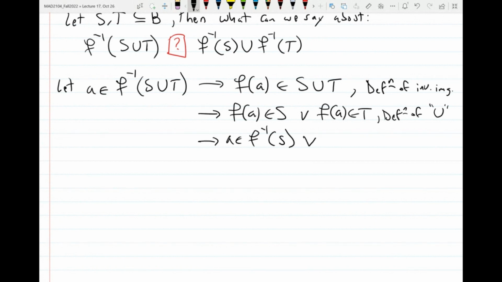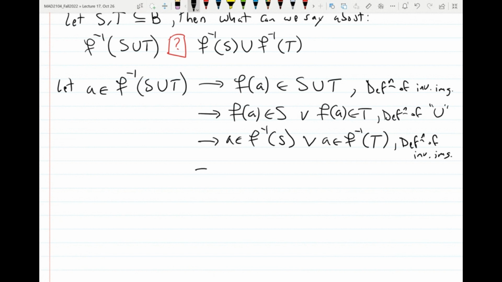Or, what would be the other possibility? It's in the inverse of T. Yes? One of the two. So what do we use here? Definition of inverse image, right? But if it's here or in here, where is it?